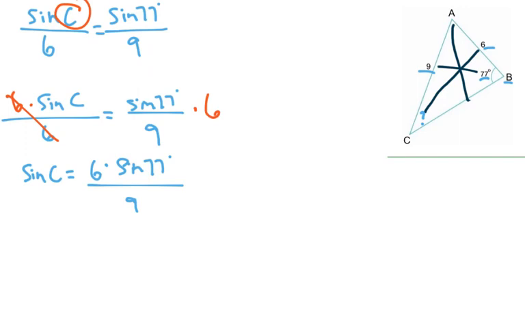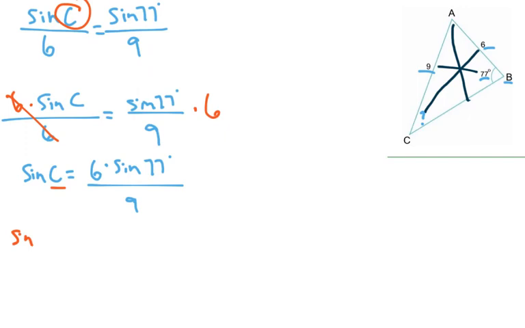Now, as you all know, the way that we, wow, I'm so sorry, this looks pitiful. We all know that if I want to try to isolate C, I need to do the inverse sine of both sides. So let's do that.